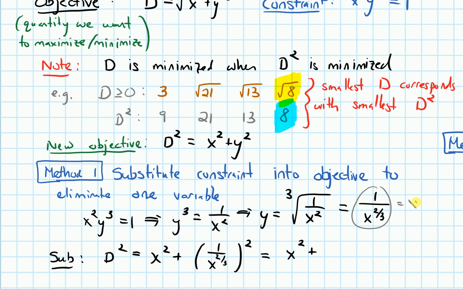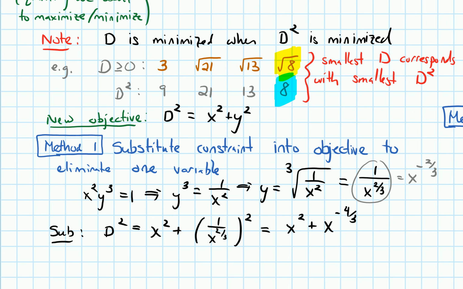This is x to the negative 2/3, and if I square that, I have a power to another power, and the exponent rule is you multiply them. So that gives us x to the negative 4/3 when you multiply negative 2/3 times 2. Okay, so we have this function.